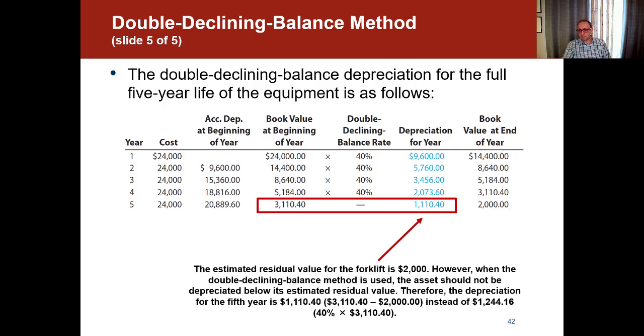We plug in an amount. How we do that, we just take the difference between the 3,110 and the desired ending book value, which is $2,000, and that would be our depreciation expense for the year. So we take this depreciation, and that's the amount that's going to be used for the journal entry, or for the adjusting entry.